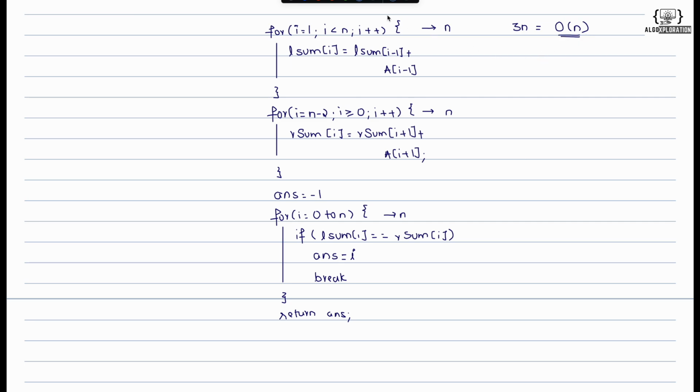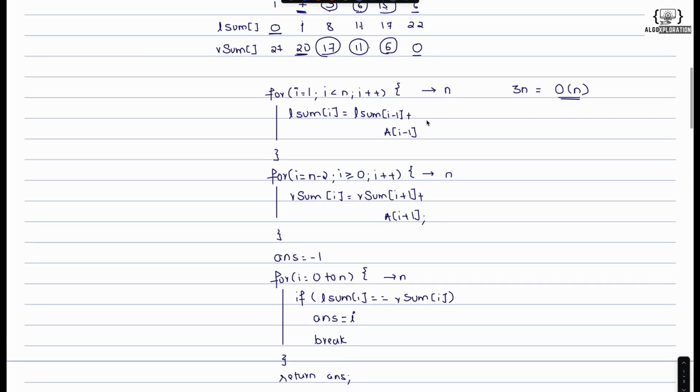But we can see that we have taken the help of extra space, the left sum and right sum, which is 2n. So again, order of n. So with this approach, we have optimized the time complexity, but we have increased the space complexity, which is order of n, right?